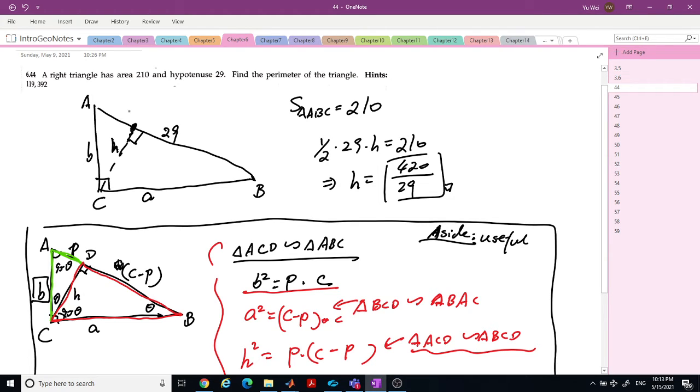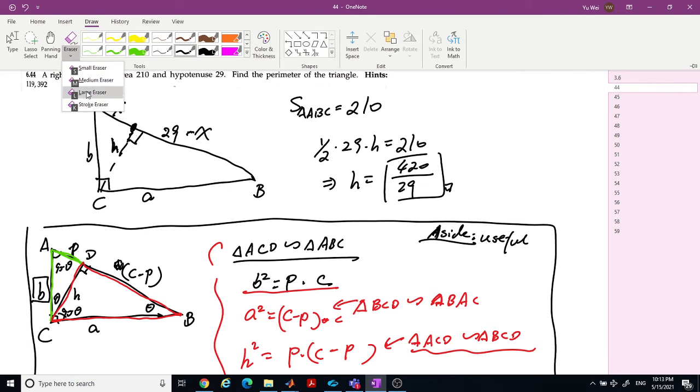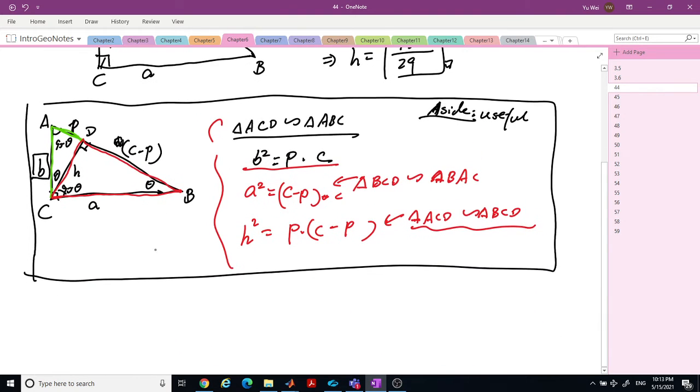So let's, if we set this one to X, and something where it's not easy, let's see. So we have this is X, right? This is 29 minus X. Oh, let me set this one to Y. It doesn't matter. So we have X plus Y is equal to 29.